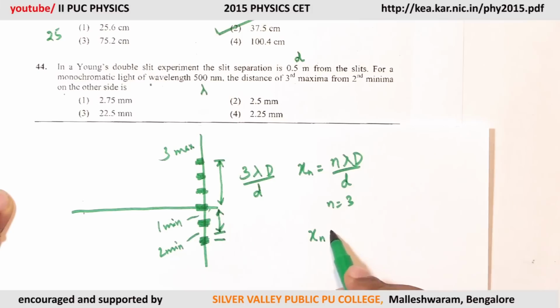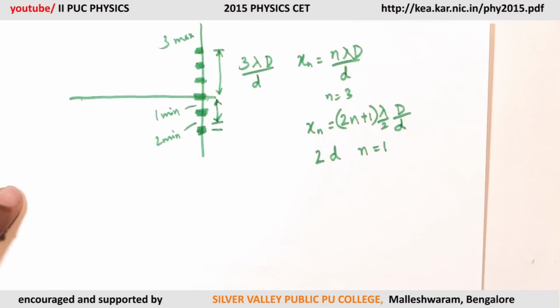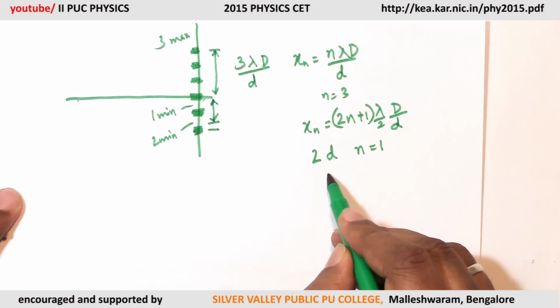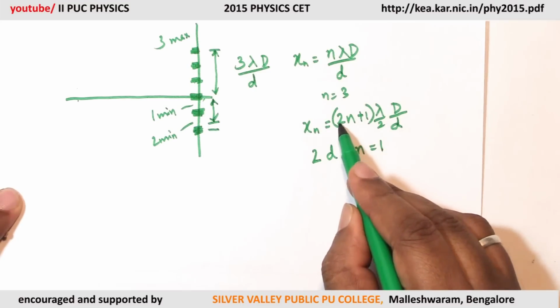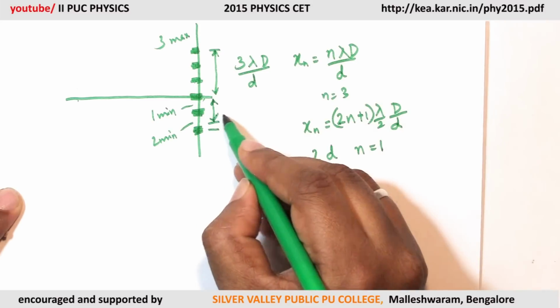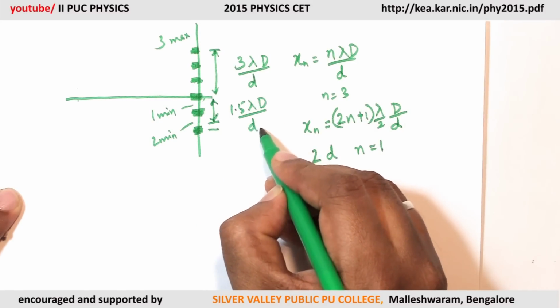For a dark fringe, Xn equals 2n plus 1 into lambda by 2, capital D by small d. For second dark, n equal to 1. Therefore, substitute n equal to 1, 2 into 1 plus 1, 3 by 2, 1.5. So this distance is 1.5 lambda capital D by small d.